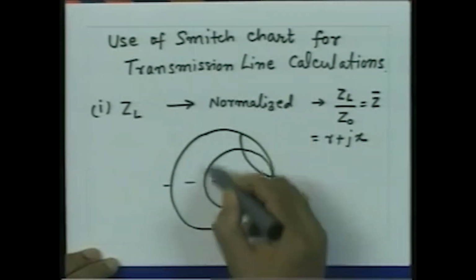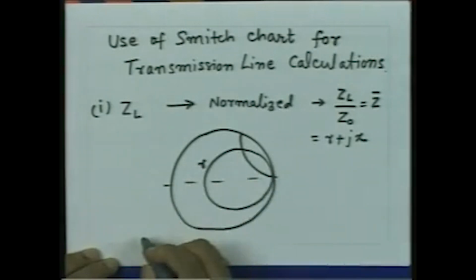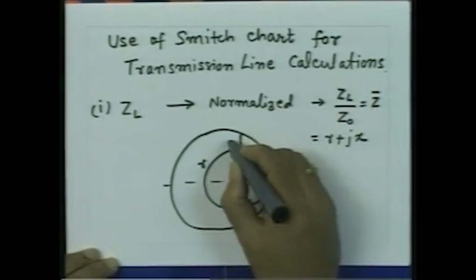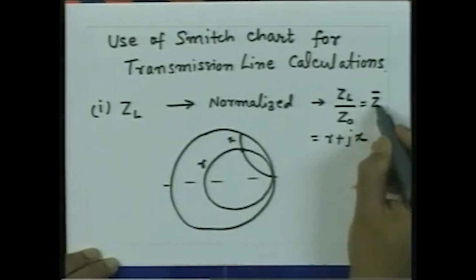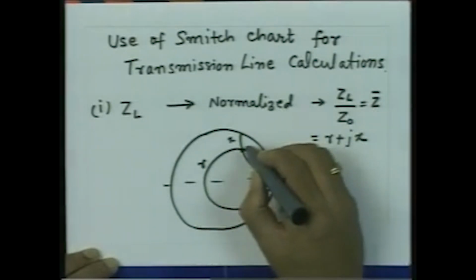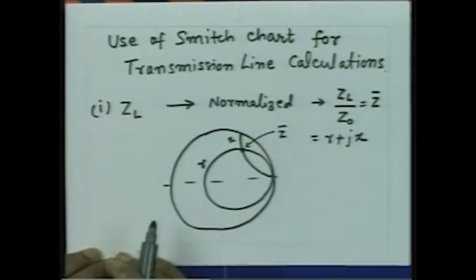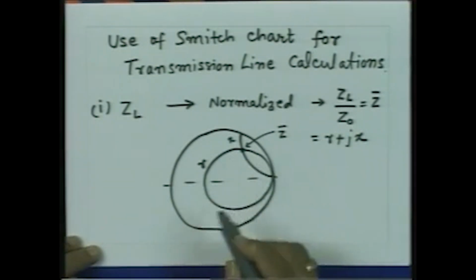The intersection of these two circles, the constant resistance circle having value R and the constant reactance circle having value X, this point now represents this normalized impedance Z. So, this point here is that.